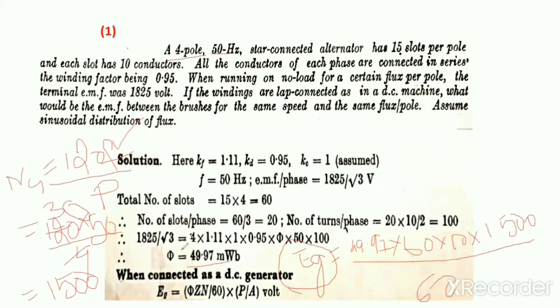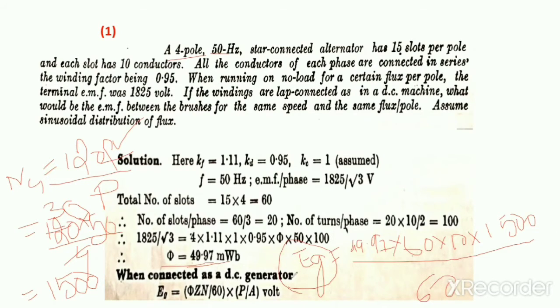What would be the EMF between the brushes? That means EG. Okay, clear? First, we write down the formula for the EMF equation in the case of an alternator, that is 4 into Kf into Kd into Kc into phi into F into T. By using this equation, we calculate the flux phi. When we have calculated the flux phi value, then we write down the formula for EG in the case of a DC generator.